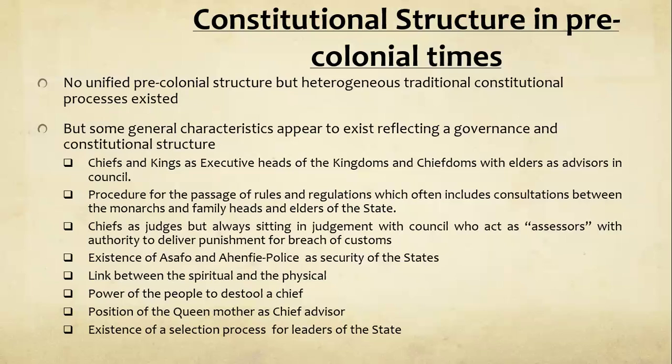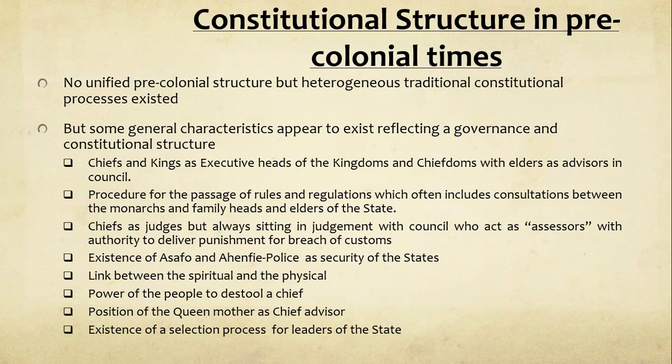For example, if you go to most of the places, they have something called the Ahimfie police. And I'm sure in the various traditional communities or ethnic groups, there will also be an equivalent of security officers kept by the chief in order to enforce the decrees of the chief.